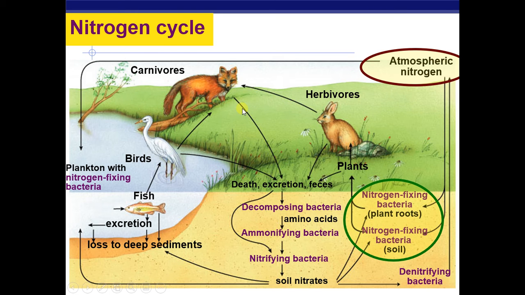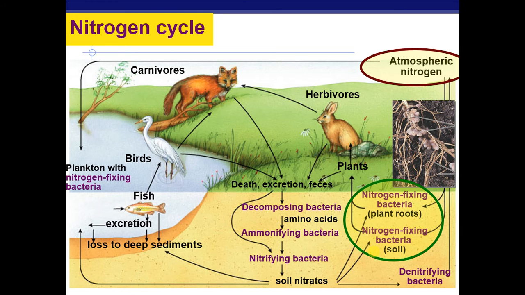That's why the atmosphere is like 72% nitrogen, but we can't just breathe in the nitrogen and get all that we need. It needs to be fixed or turned into usable nitrogen in like nitrates. And bacteria do a lot of that nitrogen fixation so that plants can absorb it, and then animals can eat it.